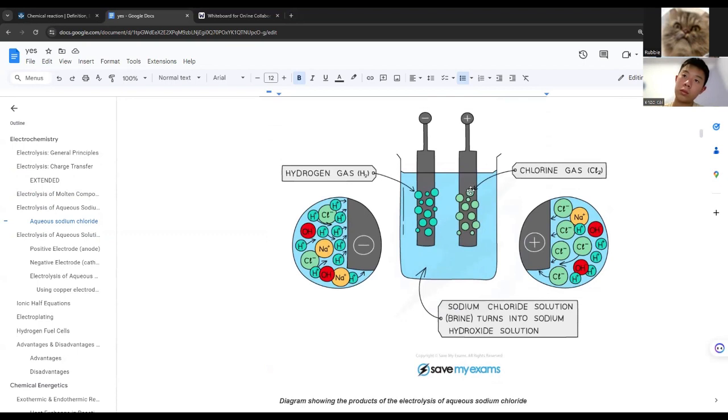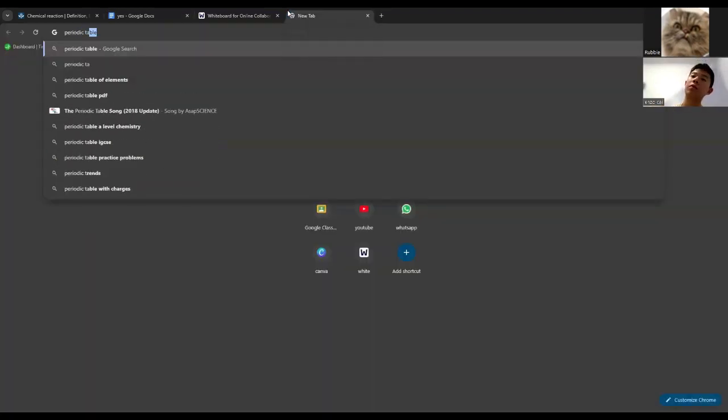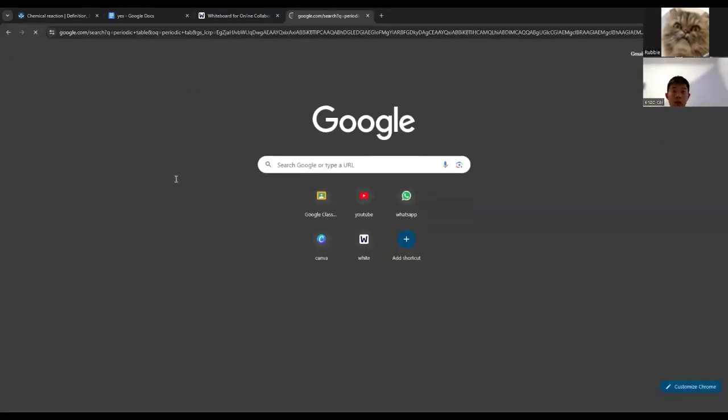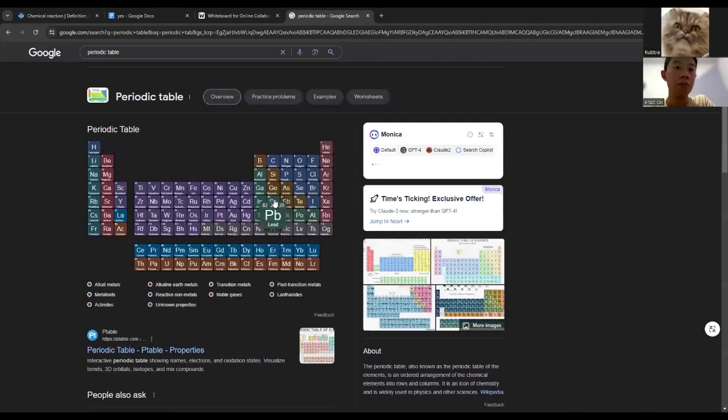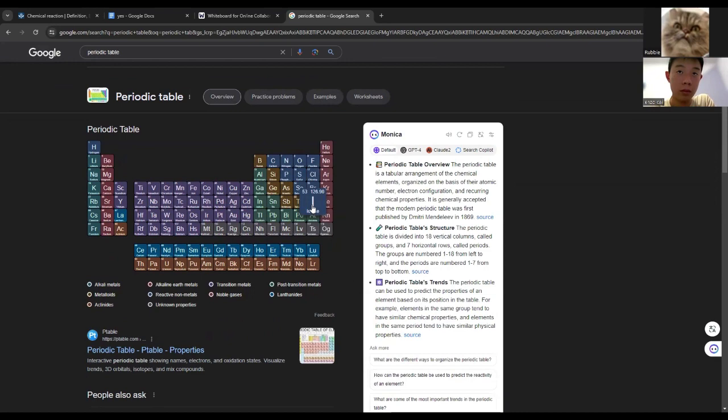For example, if there is bromine instead of chlorine, bromine will always be at the positive electrode because it's a halide ion. Let me show you on the periodic table. These halide ions: chlorine, bromine, iodine.